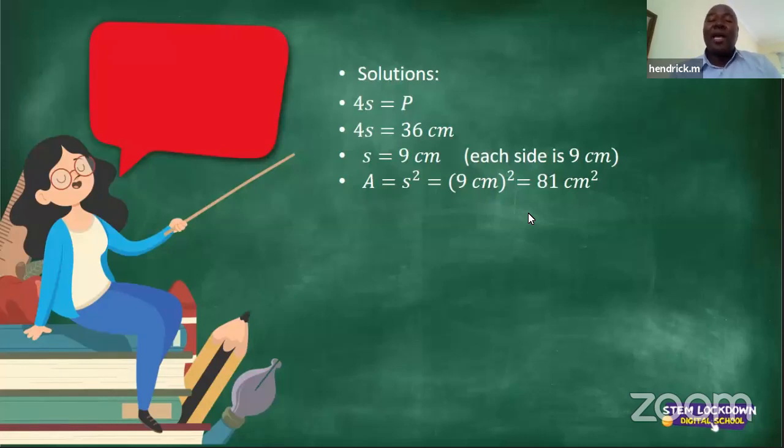So each side will be 9 centimeters. And if you have to calculate the area, it will be S squared, and 9 times 9 is 81 square centimeters.